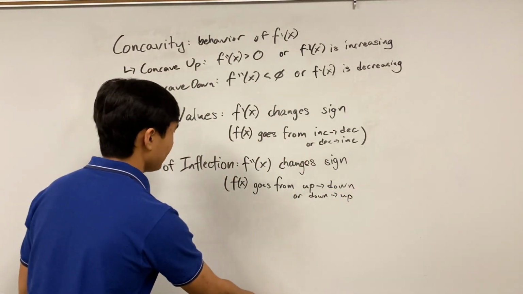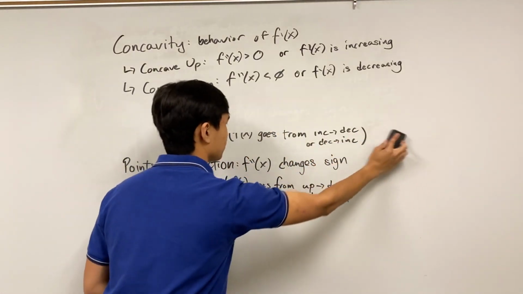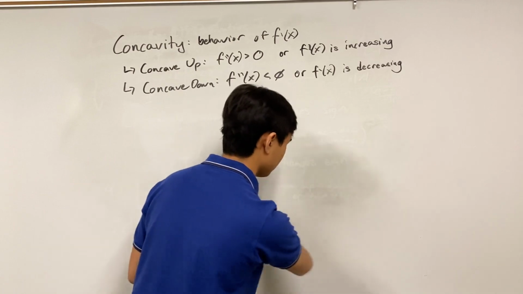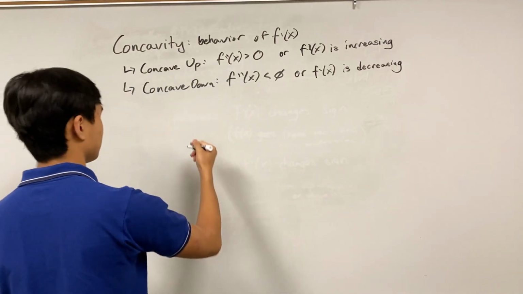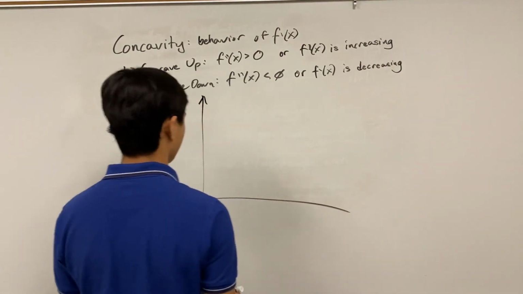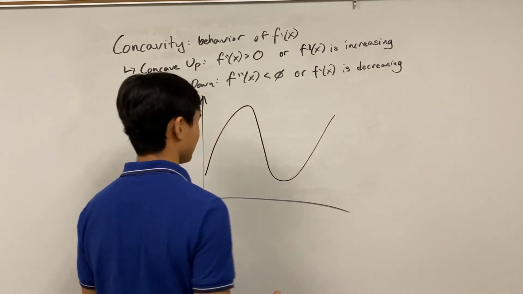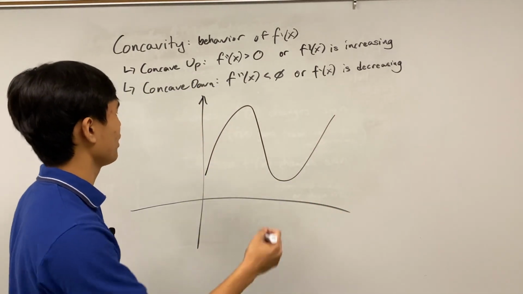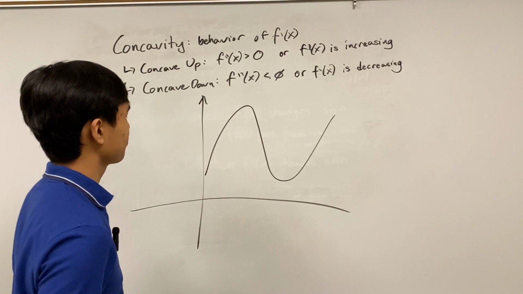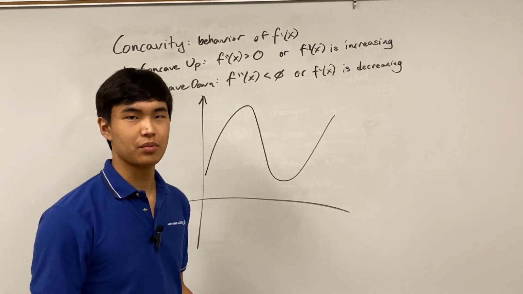Okay, let's see all of these on a graph. All right, this is the same graph I always use, but all right, I have a graph. Now I want to find the critical values, right?